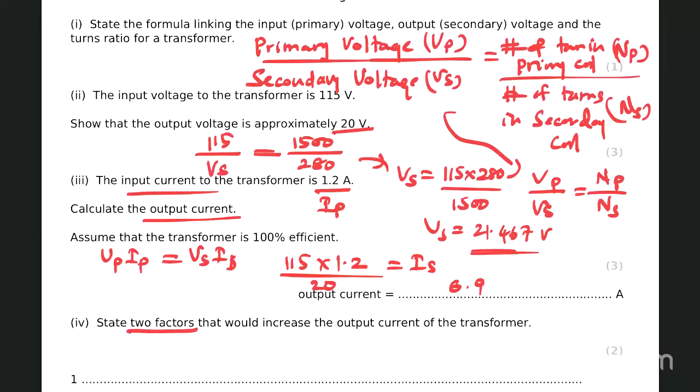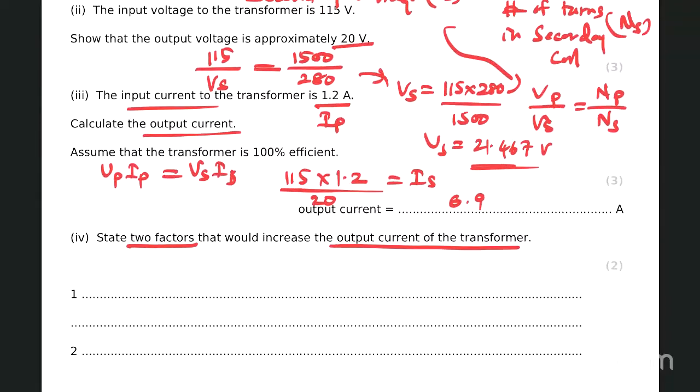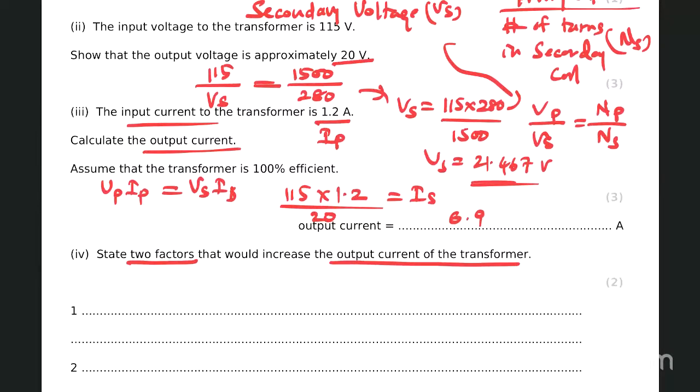State two factors that would increase the output current of the transformer. You need to increase the output current, not the output voltage, okay? Output current.